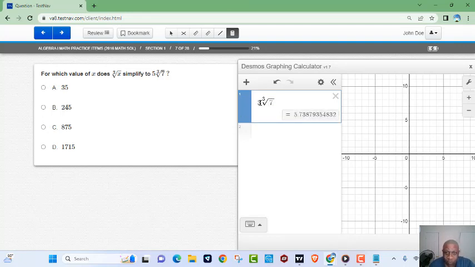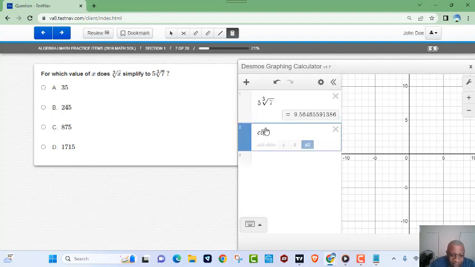Oops, I put 3 cube root 7. Let me go change that. 5 cube root 7. We see it's this decimal here. So all we need to do is take the cube root of each of these and see if it gives us that decimal. All right, let's see. So cube root 35 is 3.2. Nope, that's not it.